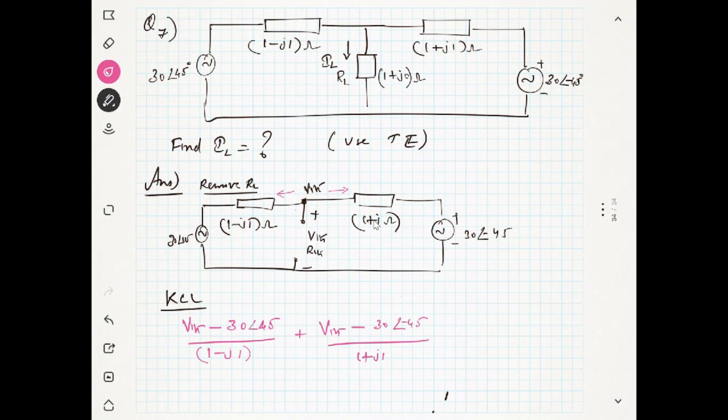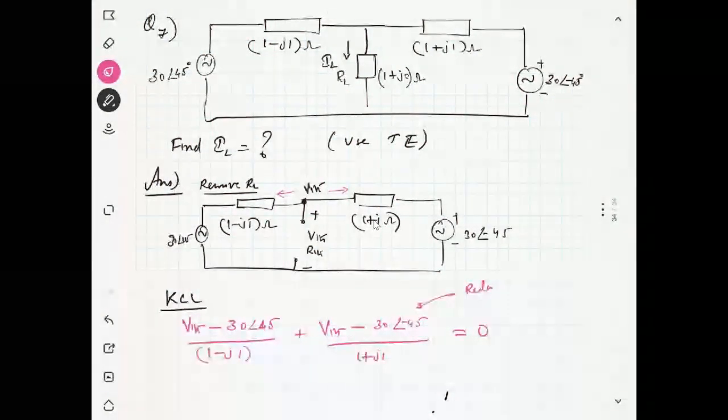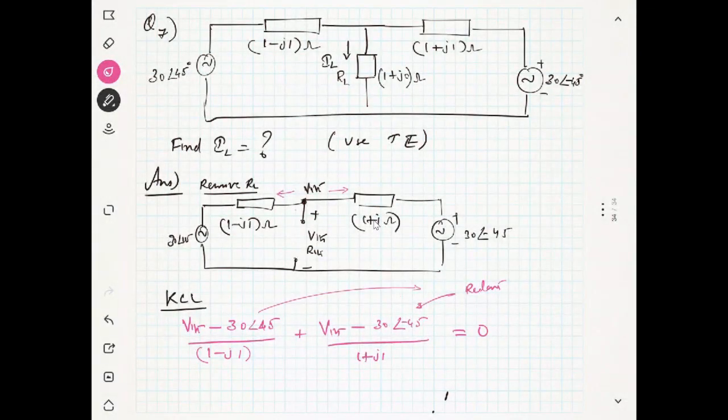To simplify this, you have to use the conversion from polar to rectangular. Convert these to rectangular and solve. I am not going to solve this, I will just write the answer.